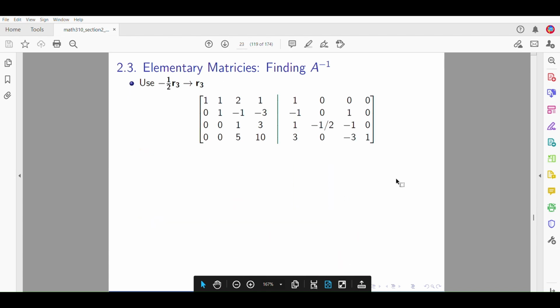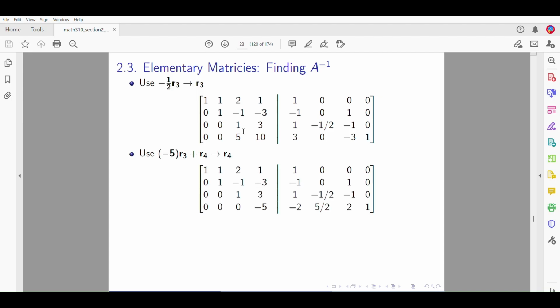You got a 1 here, you want a 0 here. 5 times row 3 plus row 4, that's your new row 4. So below 1, you have a 0 by design. Negative 5 times 3, negative 15 plus 10, negative 5.